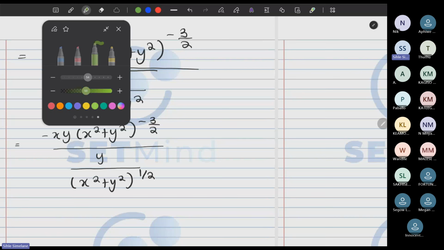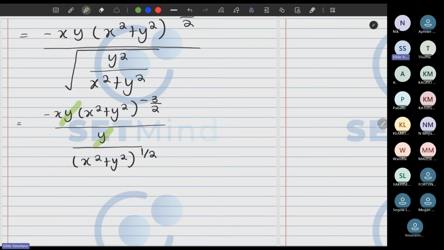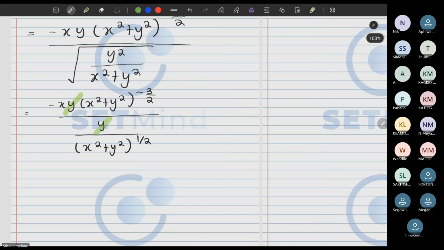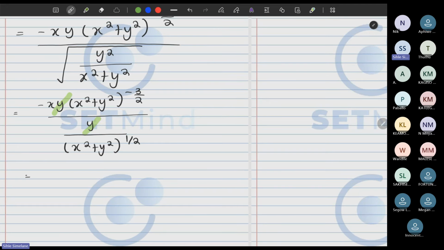So we have nice terms that are cancelling here. The y and the y will cancel. And what will happen, guys, to the other part? We'll multiply the numerator. Do you agree? If you don't, let me just show you. As y squared into the negative 3 over 2.